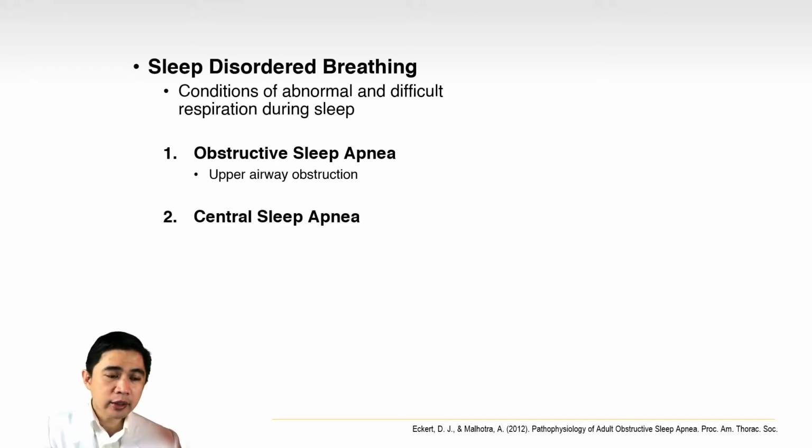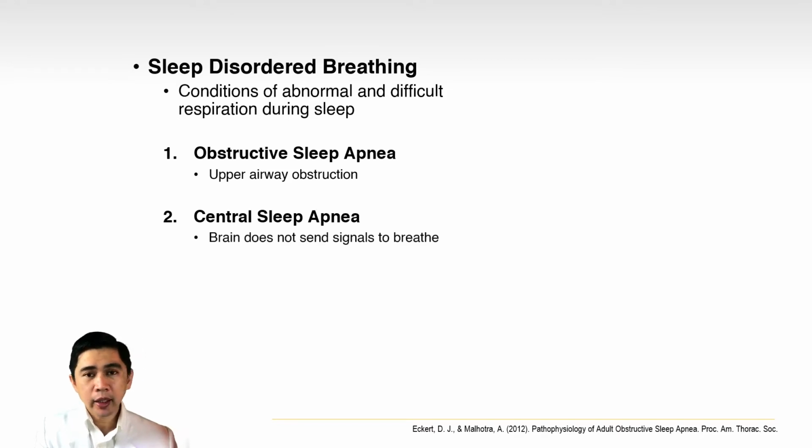Second, we have central sleep apnea, a disorder of sleep wherein the brain doesn't send the signal to the body to breathe. That's why it's a disorder of breathing during sleep from the brain. Typical examples of this are those who are overdosed with narcotics. They tend to hypoventilate.